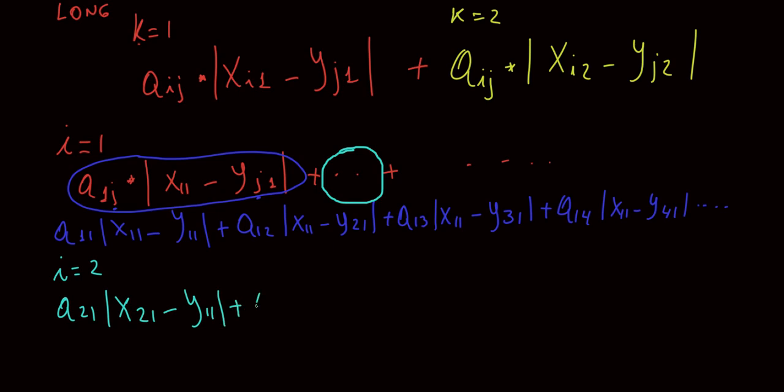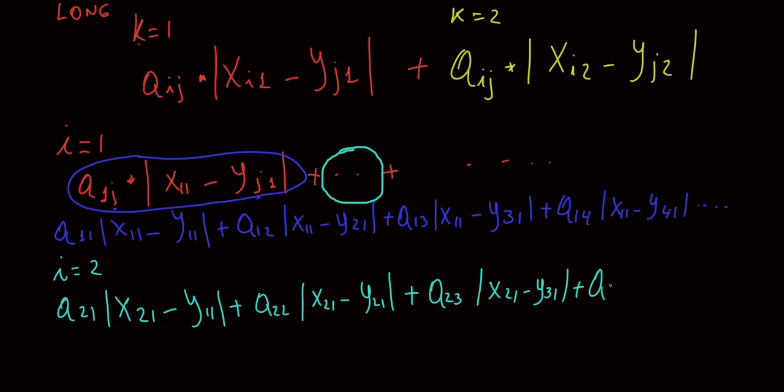plus a_22 times x_21 minus y_21, plus a_23 times x_21 minus y_31, plus a_24 times x_21 minus y_41, and so on up to 6.